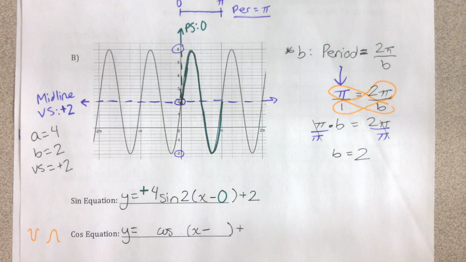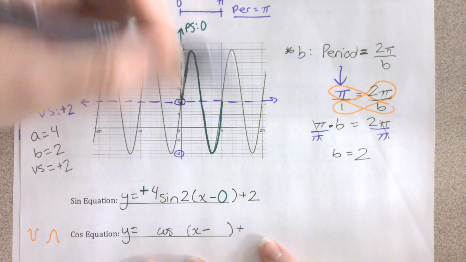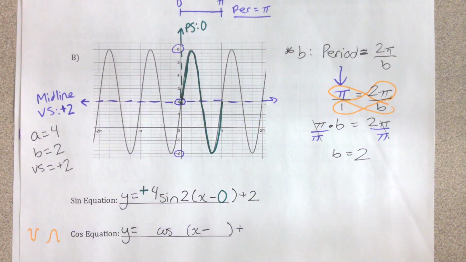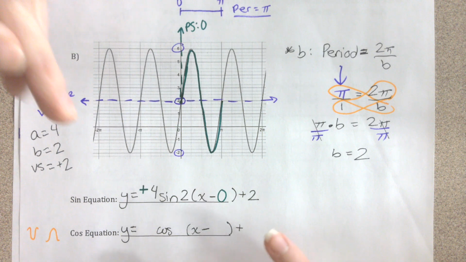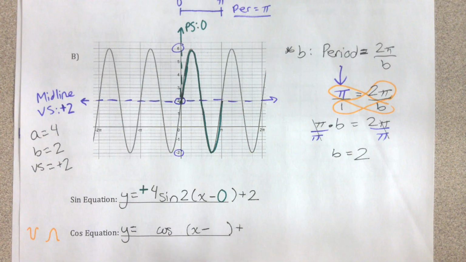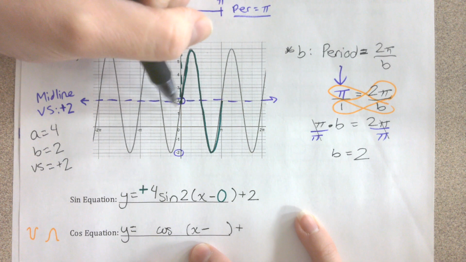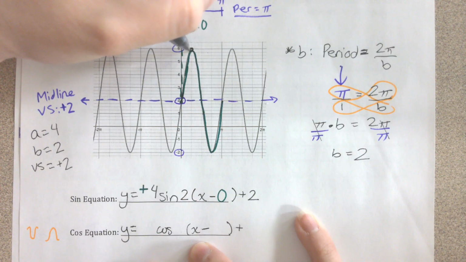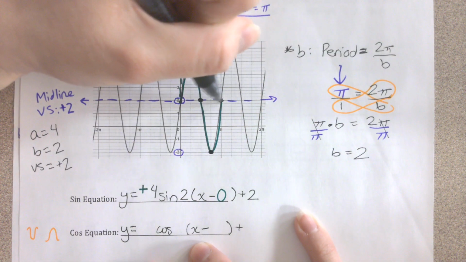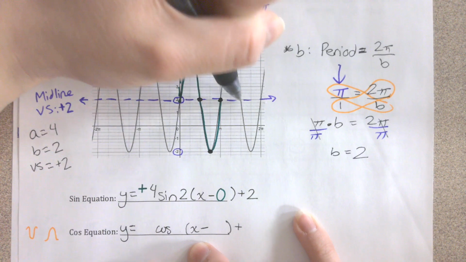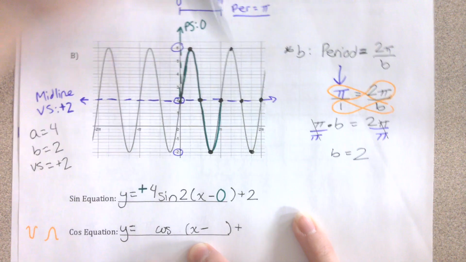This is where it's helpful to identify the individual points on the graph like we normally would. Normally we don't have to go in depth on these problems, but because we're missing labels on our graph, we don't really have a choice. So I'm going to label these real quick. We've got starting point, max, midline, min, midline, max, midline, min, midline, and that's all I can see.